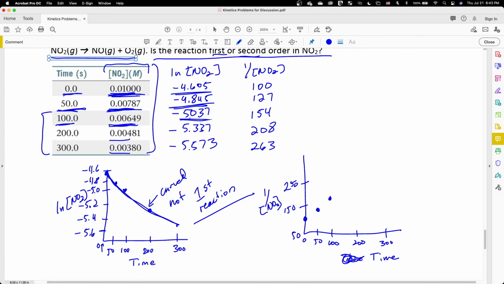And then at time 200, I had 208, which is right there in between. And then at time 300, I had 263, which is all the way up here. So notice how this line is a straight line. And since it's straight, we know then that this is a second order reaction.